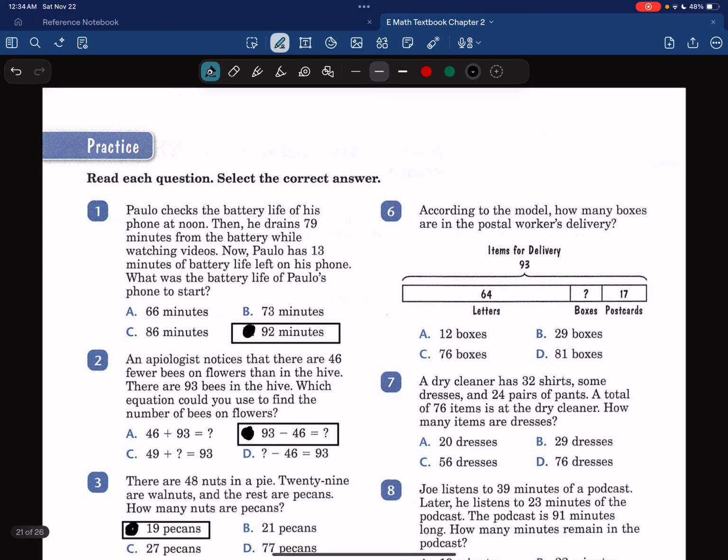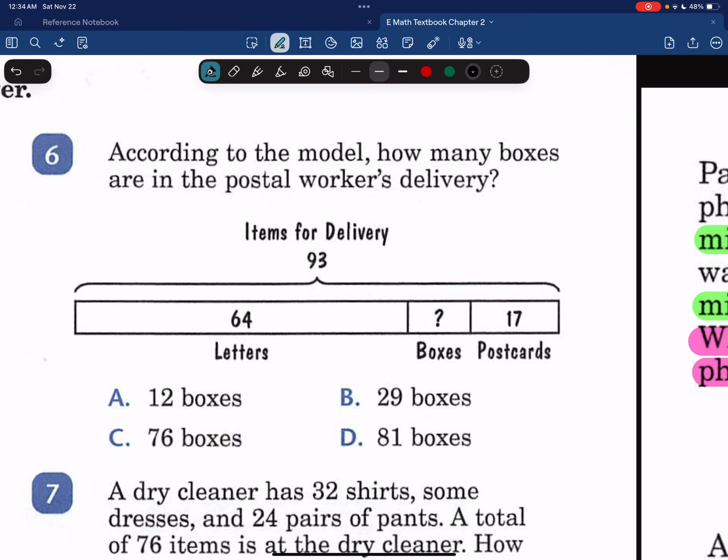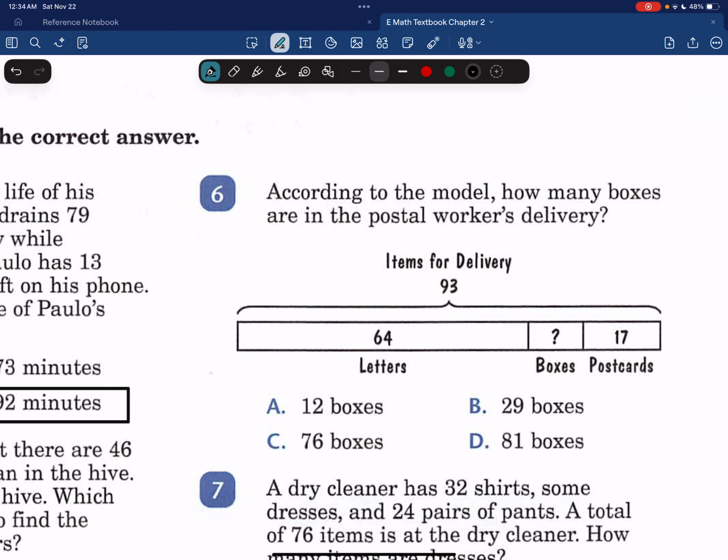Number 6 already has a model drawn, so I'm not going to draw another one. I am, however, going to highlight total items for delivery. 64 are letters, 17 are postcards, and the unknown is the number of boxes. According to the model, how many boxes are in the postal worker's delivery?